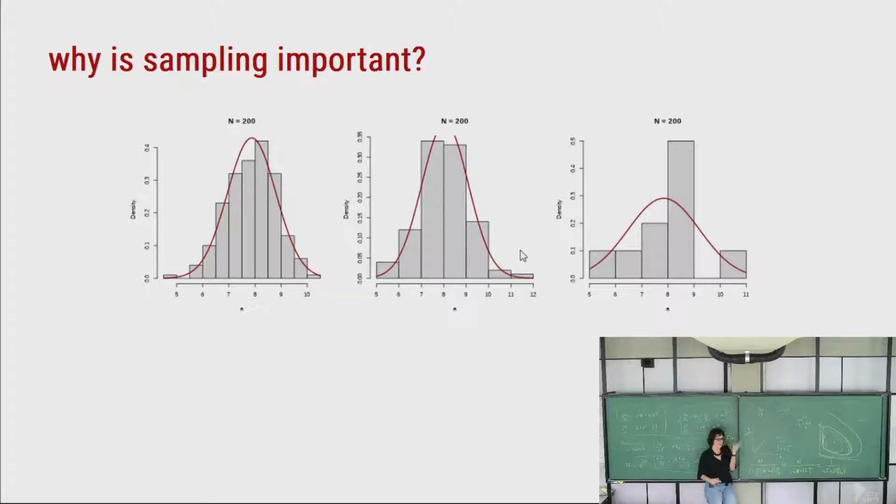It has the exact same mean and standard deviation, but this is not 200. This is also not correct. But here I have a 200 sample. Here I have for sure less than that, and here I have much less than that.